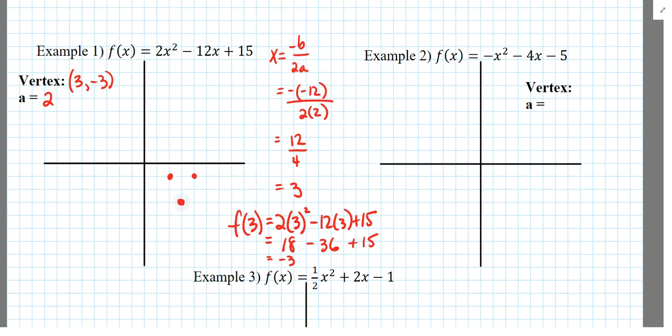Then we step left or right 2 units from the vertex and up 8 units. Remember, each of these vertical steps are twice the height of the original parent function because the a value is 2. Finally, connect these points with a smooth and continuous line with arrows that point up.